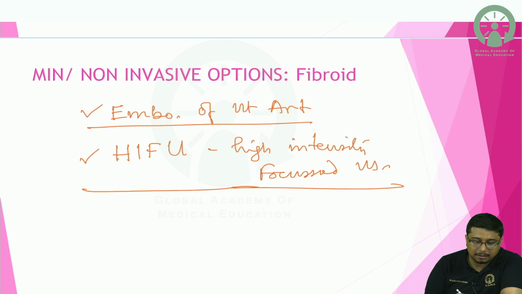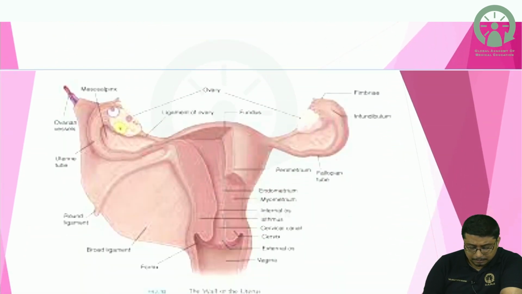Embolization of the uterine artery, high intensity focused ultrasound. These are coming as non-invasive or minimally invasive fibroid management strategies, and just the full form may be casually asked in your exam. Okay.